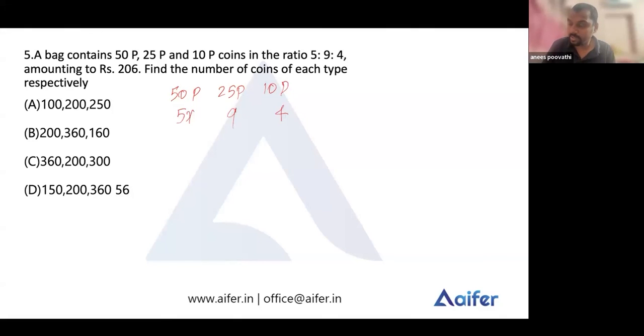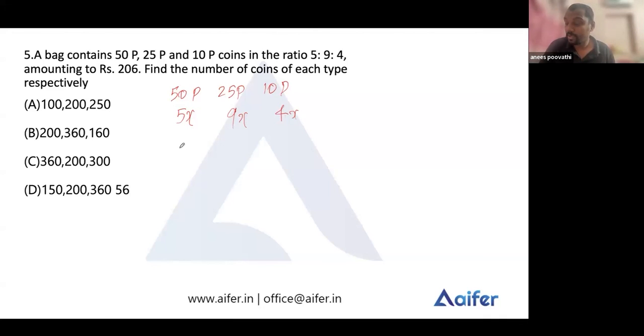So we can write it as 5x, 9x, and 4x. It's amounting to rupees 206.